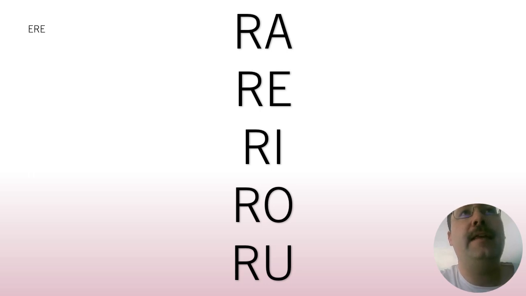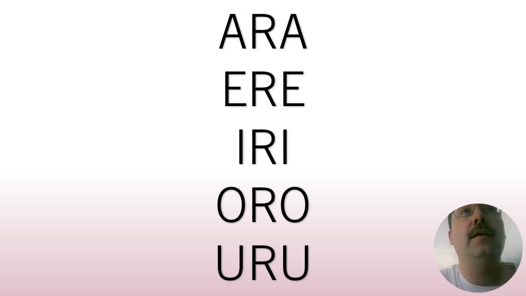Ere. Ere is pronounced as a rolled R at the beginning of a word. So ra, re, ri, ro, ru. Don't fret if you can't pronounce that perfectly. If it's between letters in a word, it's normally not rolled.